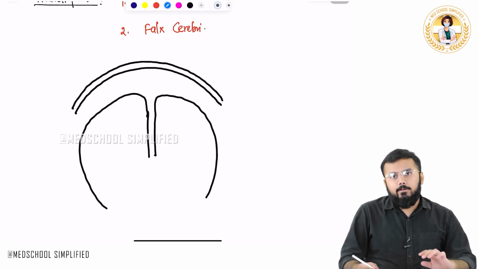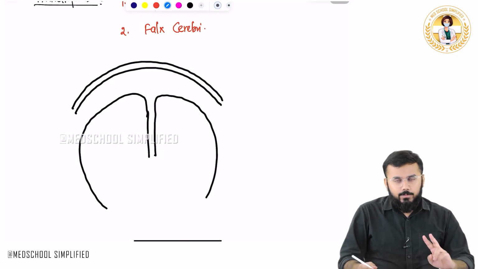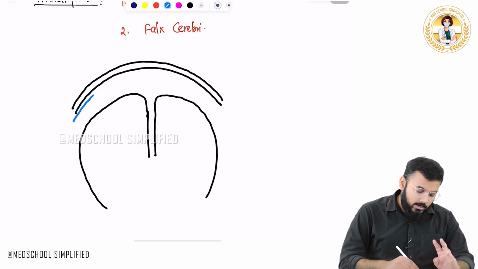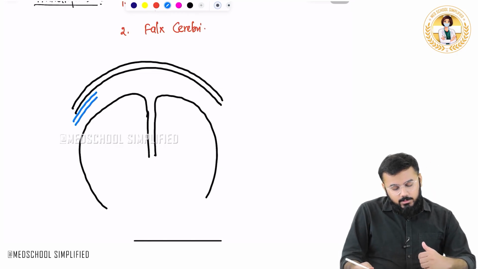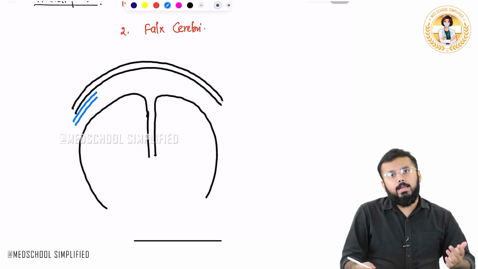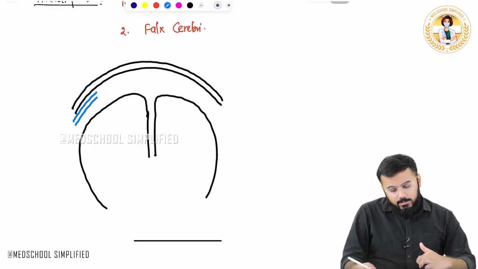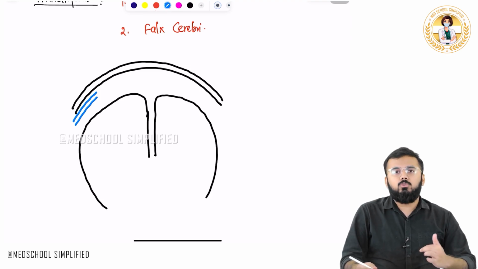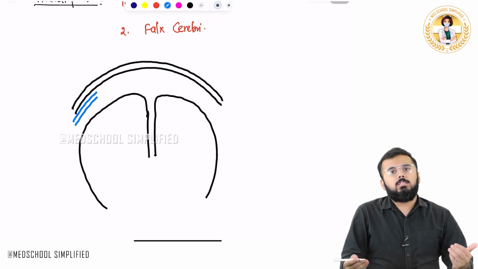So in the cranial cavity, the dura mater is double layered. This is the outer layer of dura mater, and this is the inner layer of dura mater. The outer layer faces the skull cavity, the skull cap. That is why it is called the endosteal layer. And the inner layer faces the brain meninges, like arachnoid and pia mater. That is why it is called the meningeal layer.